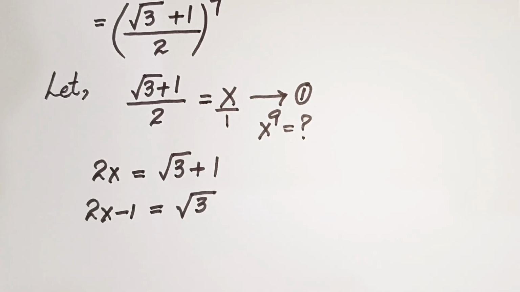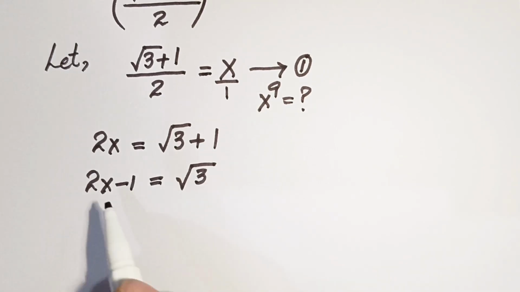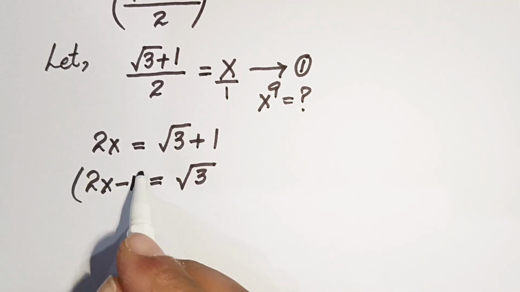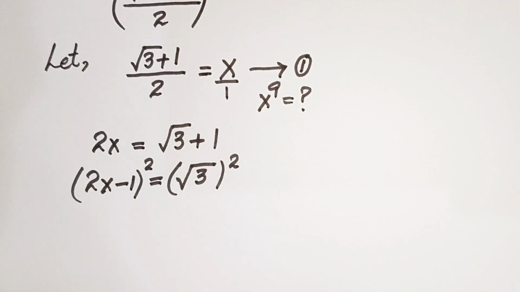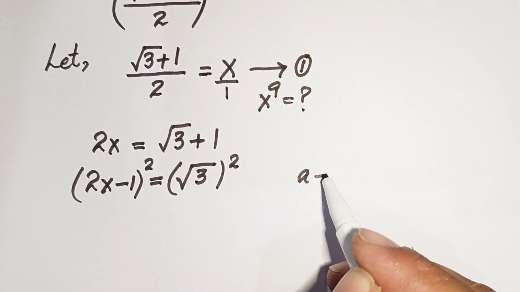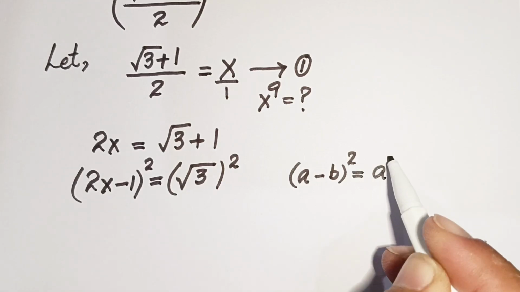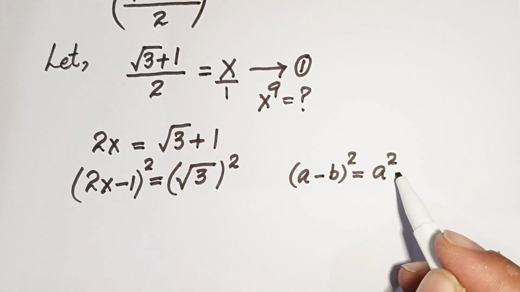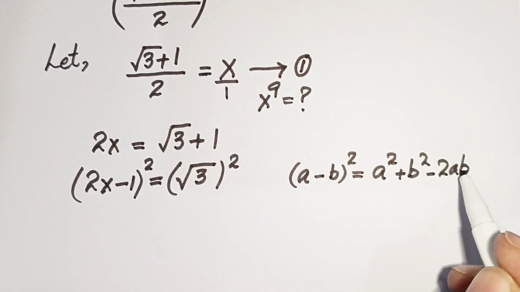Here if we take square on both hand sides, we will get (2x minus 1) whole squared. Similarly on our right hand side, our algebraic formula is (a minus b) whole squared is equal to a squared plus b squared minus 2 times a times b.